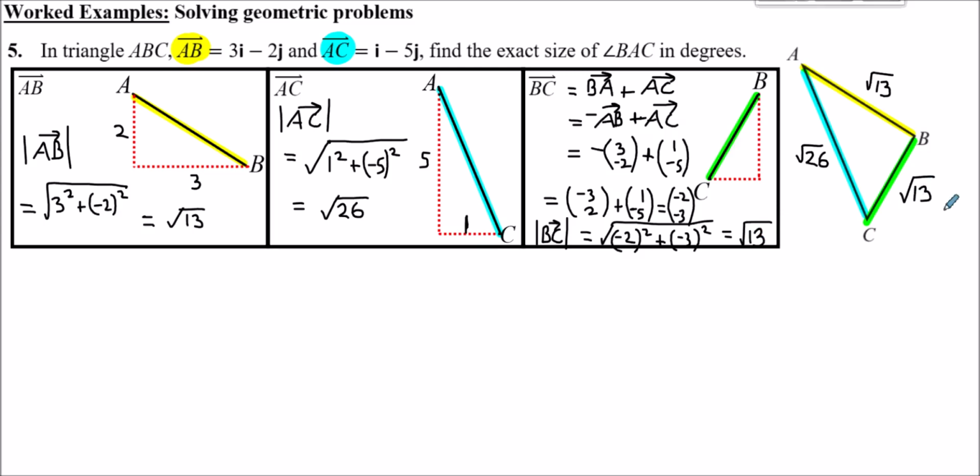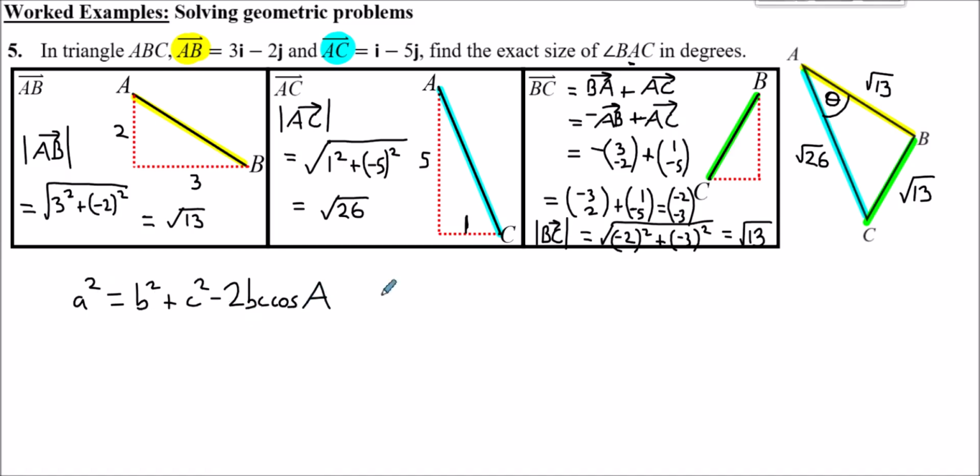Now we're in a position to apply, well done if you've thought about this already, the cosine rule. And we want to find BAC, so we're after the angle at A, which is this one here, which I'm just going to call theta. Okay, so just remembering the cosine rule, we have a squared equals b squared plus c squared minus 2bc cos A, where A is the angle which is opposite to the side a.